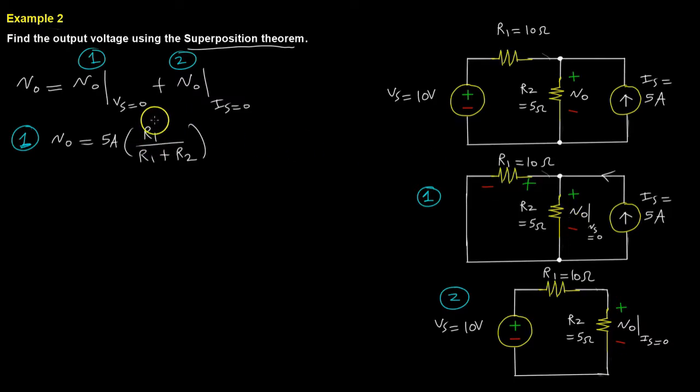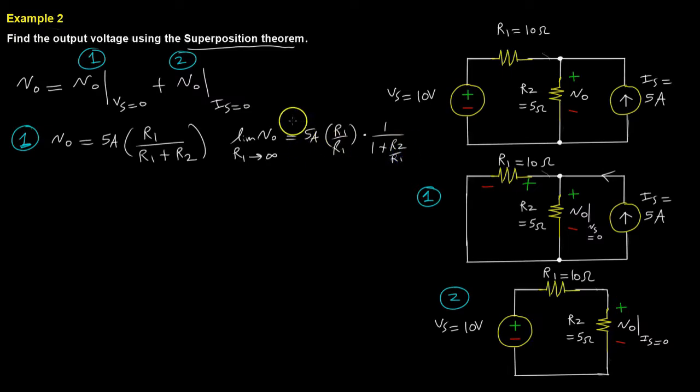If R1 gets huge, let's take the limit of V out as R1 approaches infinity. What would you get? You would get 5 amps times, factoring R1 out, R1 over R1 multiplied by 1 over 1 plus R2 over R1.